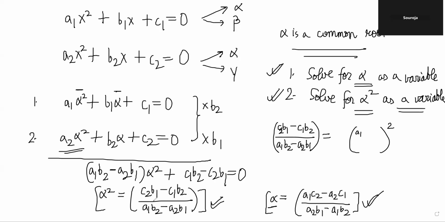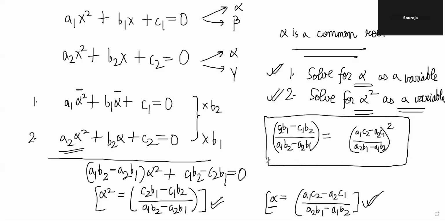So we can equate this thing to the square of this, right? So notice that this will be your condition and that condition only involves the coefficients, right? Nothing else is involved in this condition, right?